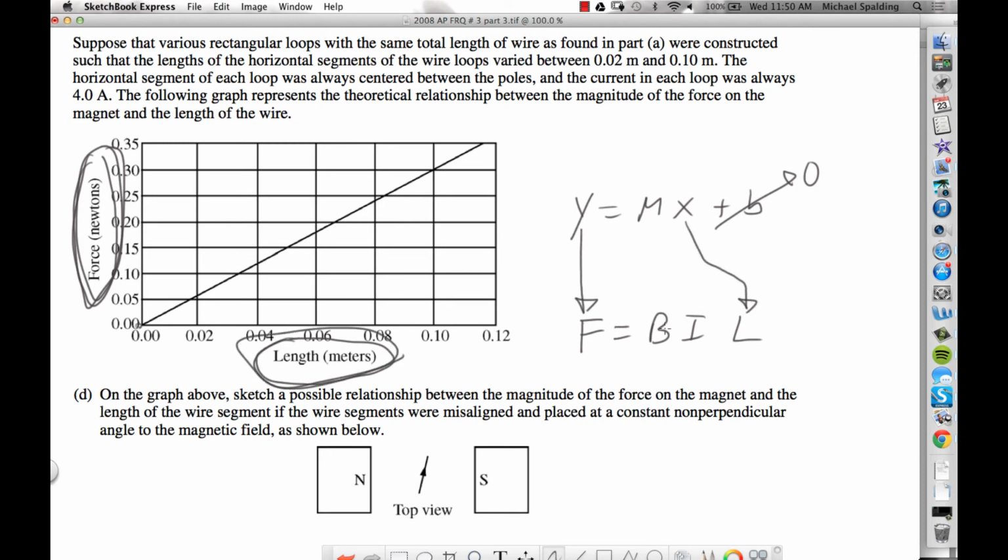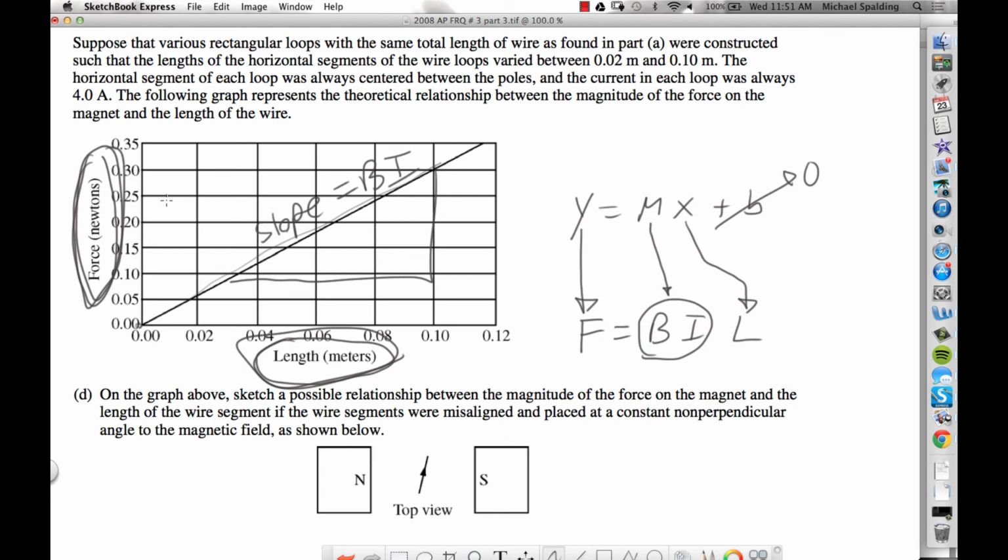Length. So what must the slope be? BI, dude. If you calculated the slope of this line, rise over run, what's the slope of this line going to be equal to? BI, right? BI.